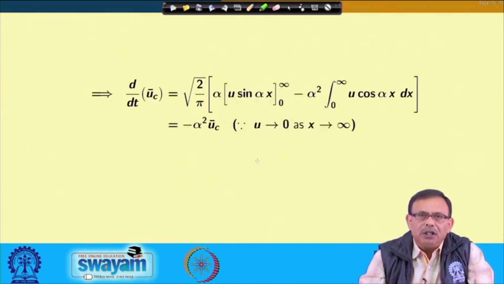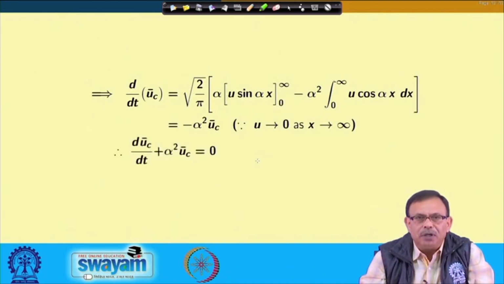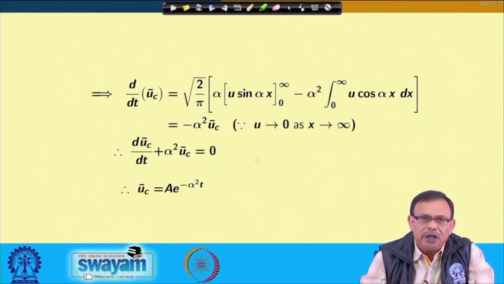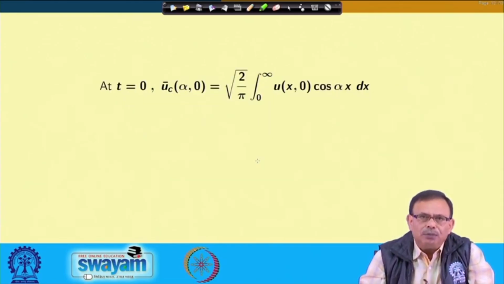So, again evaluating, I am ultimately obtaining my ordinary differential equation as d u bar c dt plus alpha square u bar c equals 0, whose solution is u bar c equals a e power minus alpha square t.